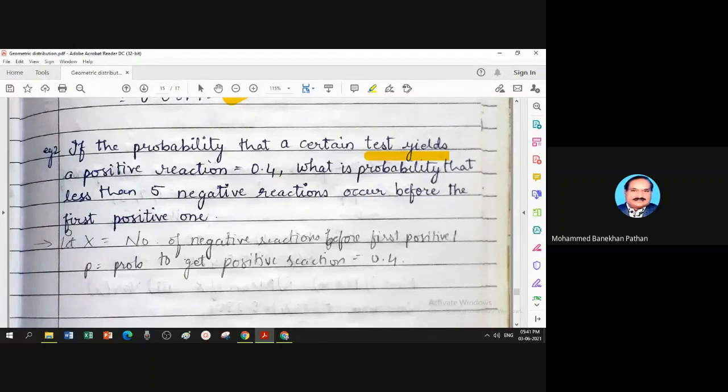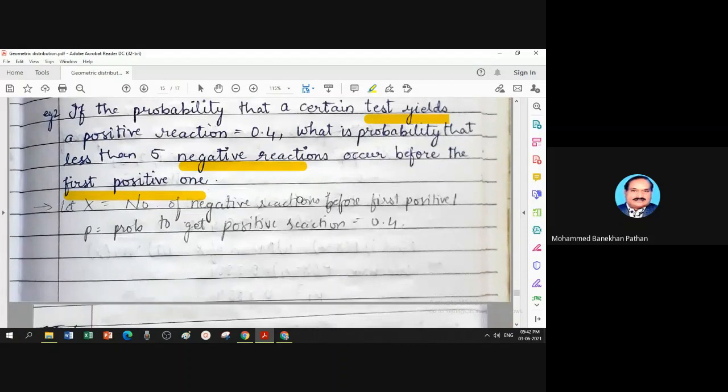So here, having a positive reaction is a success in your experiment. And if you get a negative reaction, that is a failure in the experiment. So now how to define your X? I define X as the number of negative reactions before the first positive. So this is your success and this is a failure.